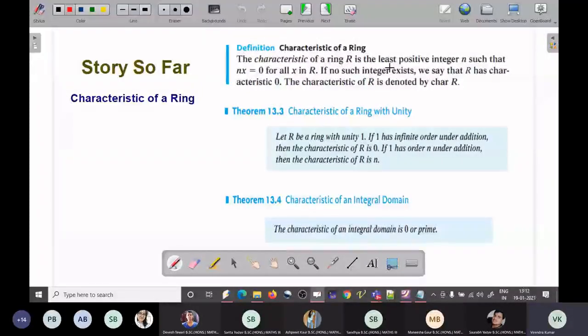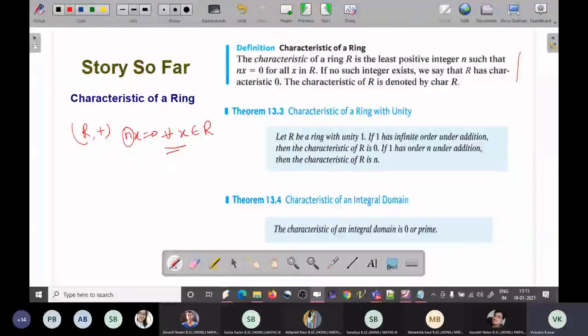If R is a ring, then R plus is an abelian group, and if there exists a natural number n such that nx equals 0 for all x belonging to R, then we say that such an n is the characteristic of that particular ring, not that of an element. Characteristic is defined for a whole ring.